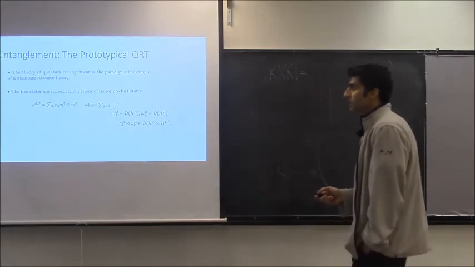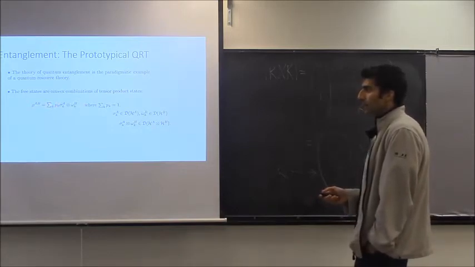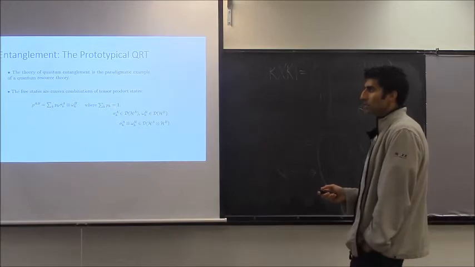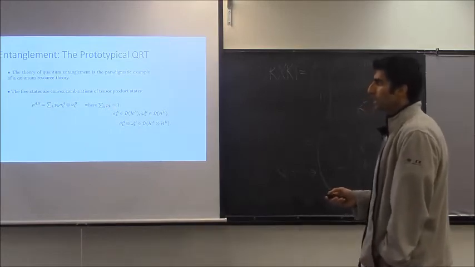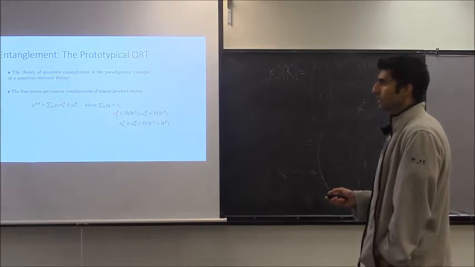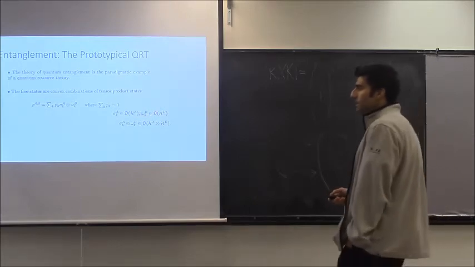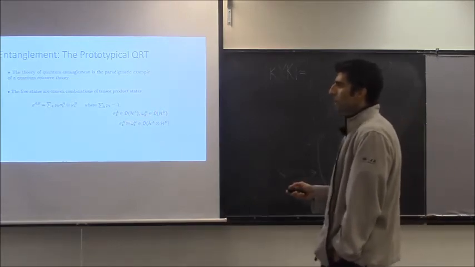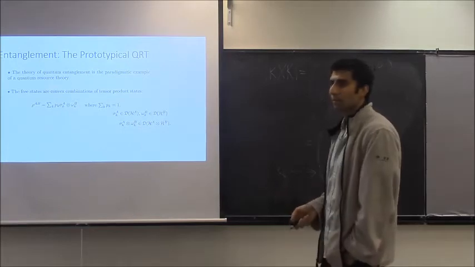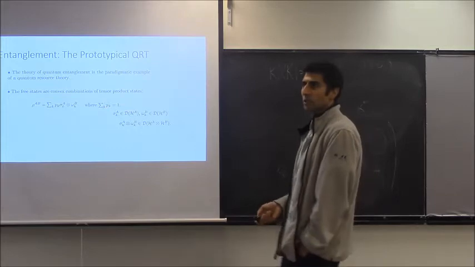So this is a joint state rho AB, and I'm writing it as a convex combination, meaning there's some probability distribution summing up to 1, and each term is a tensor product state: some state psi A in the state space A, and another state omega B in the second state space. We take the tensor product of them, and now we take a convex combination. These are the free states in the resource theory of entanglement.